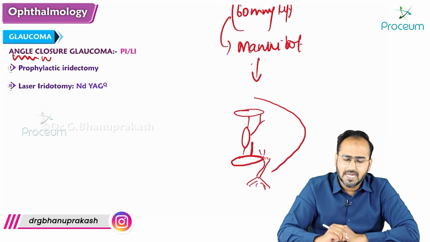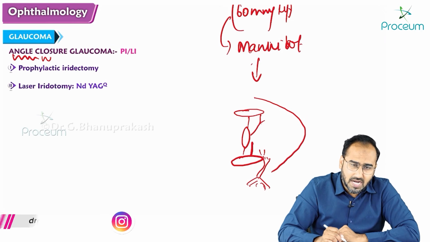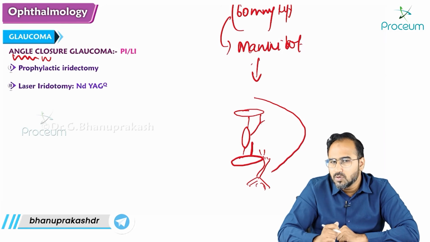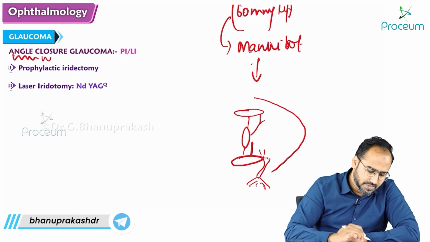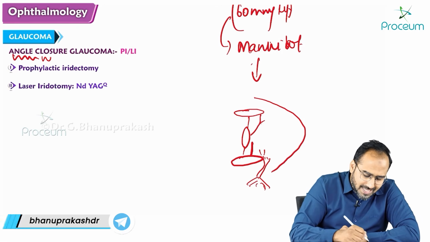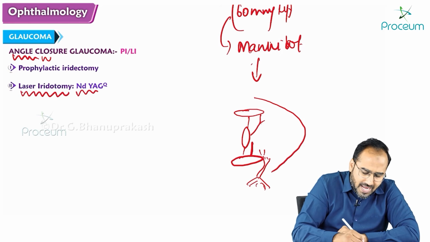But if at all that doesn't work, then you have to go for iridectomy also. Ectomy, that is, removal of the iris. So laser iridotomy is the best management for angle closure glaucoma.